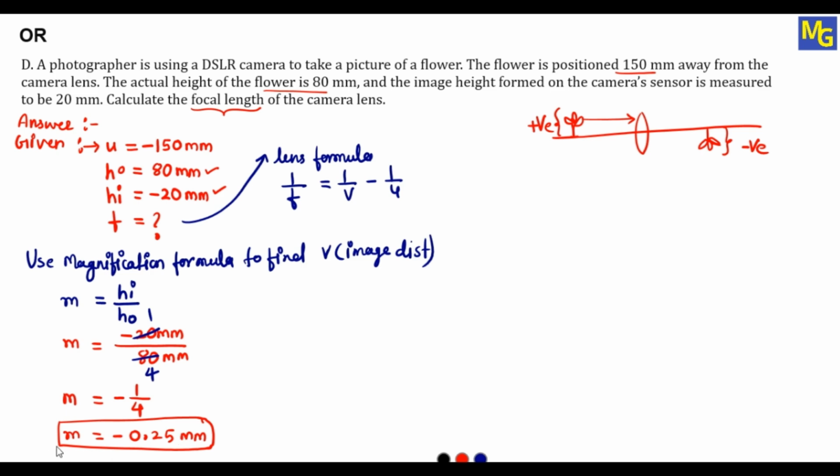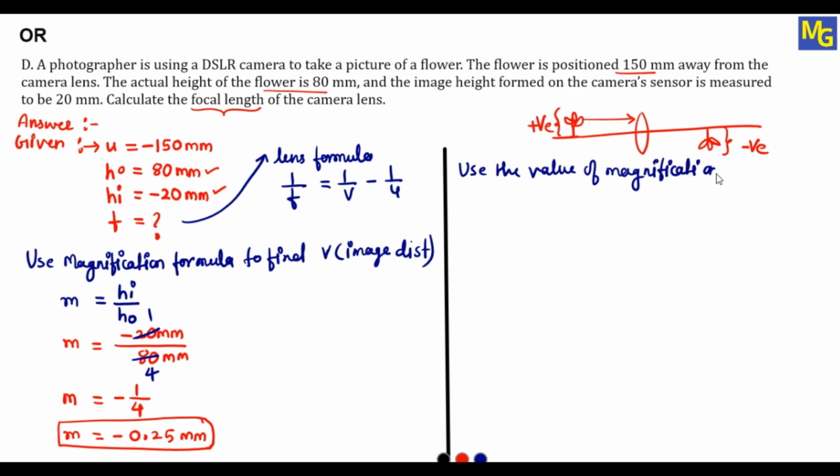Now we know the magnification. Use this magnification value and find the value of V. So here I will write: use the value of magnification to calculate the image distance.